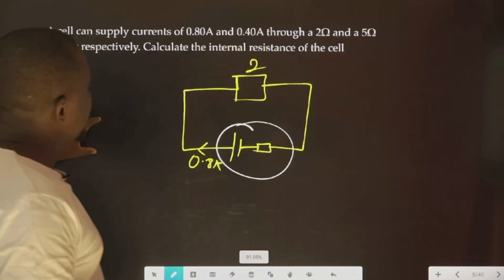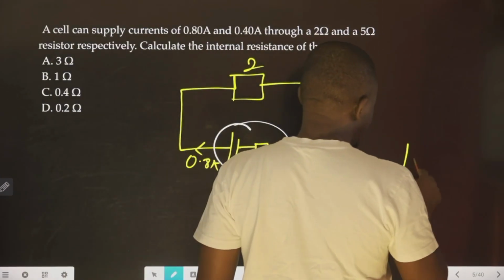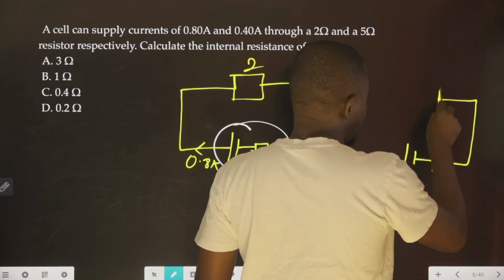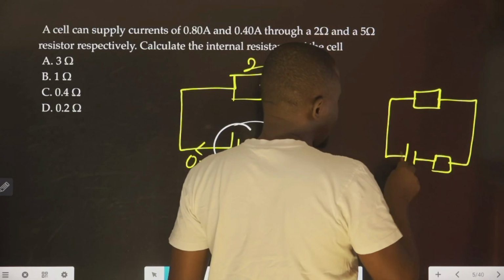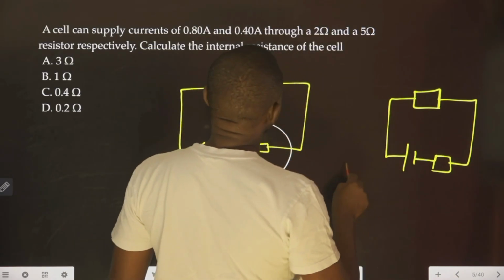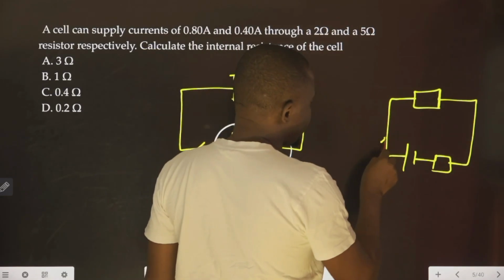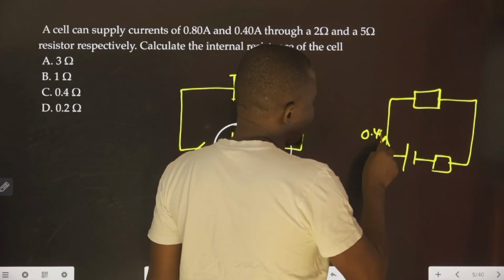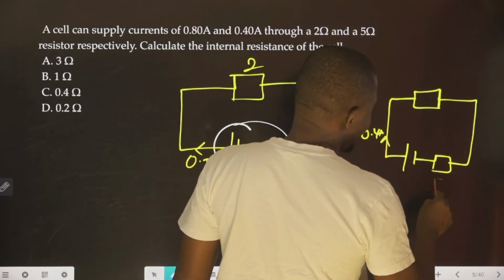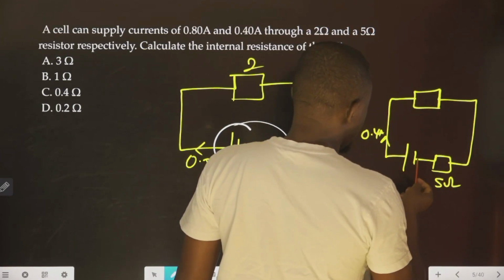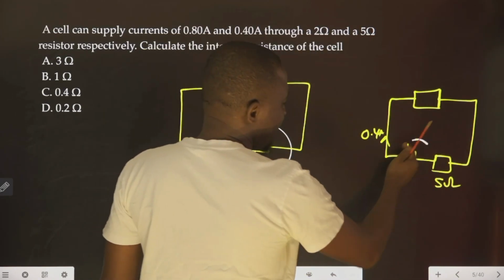For the second one, the same thing. Okay? But this time we have 0.4 amps. Internal is 5. And so, this one, remember, they are together like this.